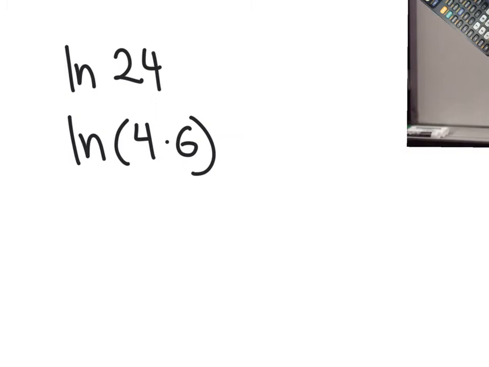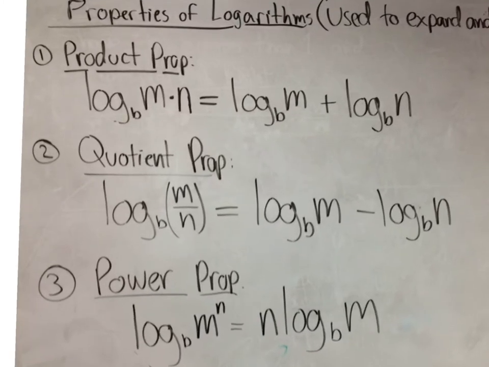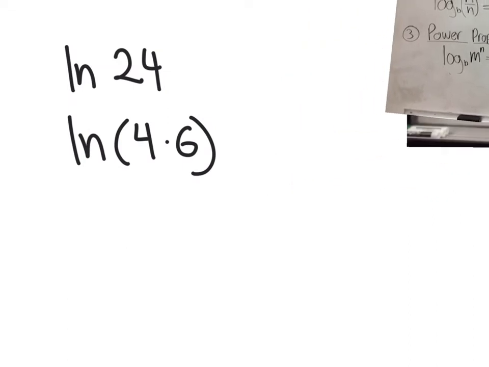Now, using the properties that we have up on the board right here, we know that when you have something times something, you could split it and make it log of the first something plus log of the second something. So that's what we're going to use. We're going to use the product property to rewrite it as ln of 4 plus ln of 6.